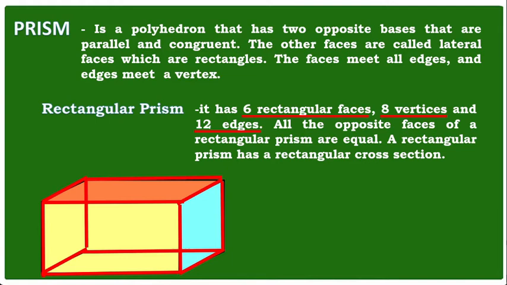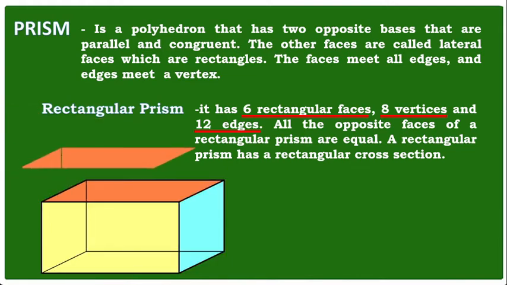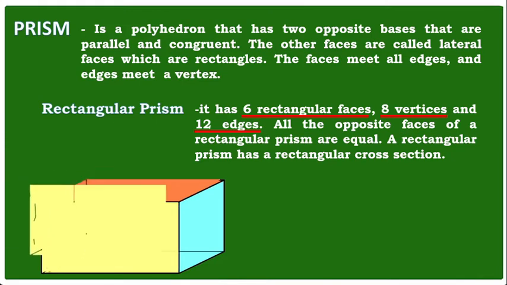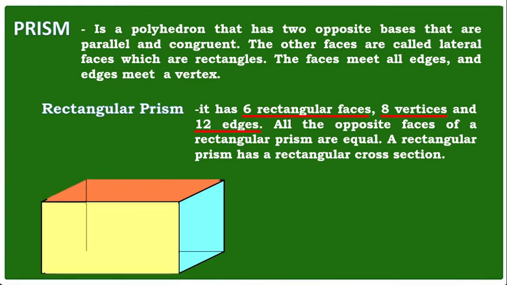And it has 6 rectangular faces. 1, 2, 3, 4, 5, 6. Why is it named a rectangular prism? Because its base and top are made of rectangular shape.